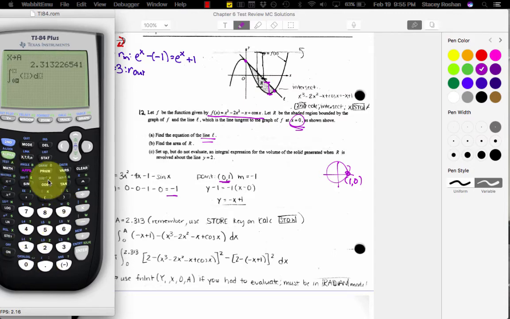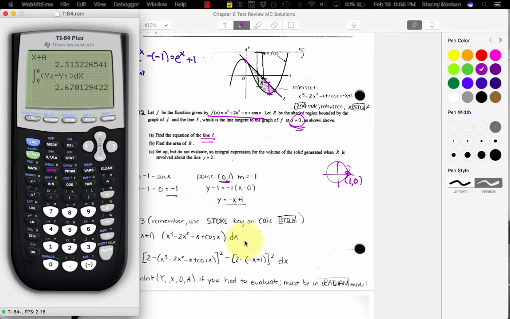So I'm going to go from 0 to that intersection point, which I stored in alpha A, and then the top curve here is the line, which I put in y2. So choose y2 minus y1, and that's dx. And so that should be my answer to the area problem. I guess in my answer key I didn't write the answer down, but I should have written this.